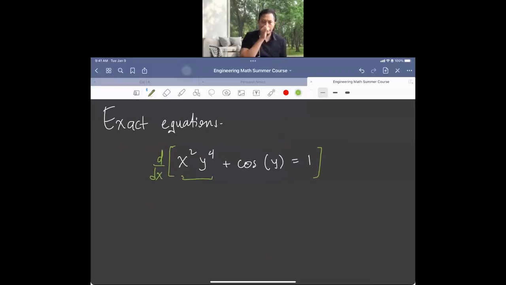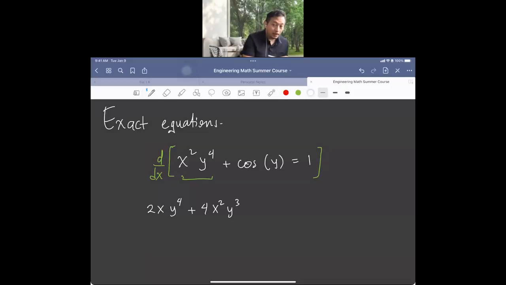First we have the left component. We differentiate. We have the product rule now because this is a function of x and y. Now we have 2x y to the 4 plus, by the product rule, 4x squared y cubed.